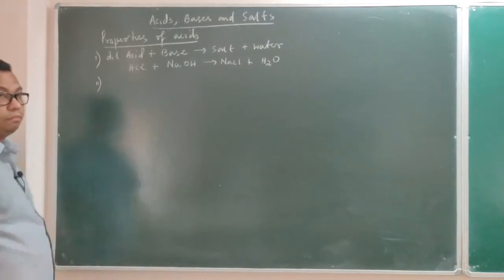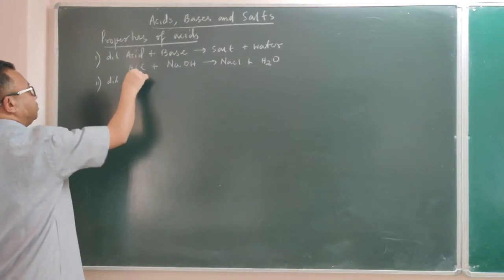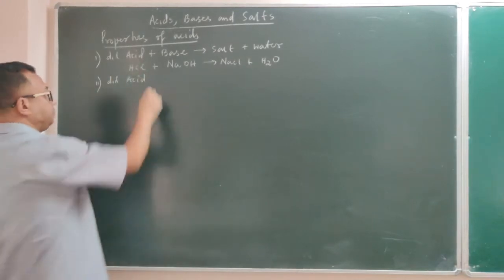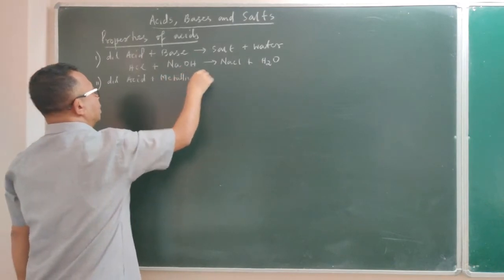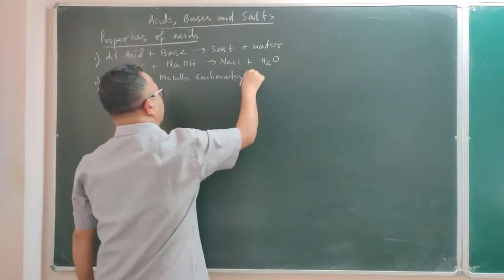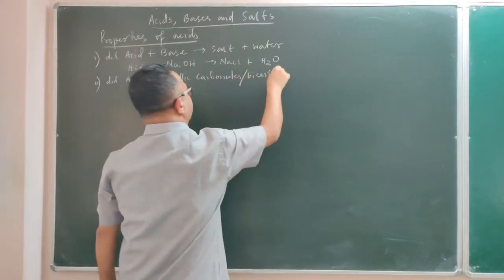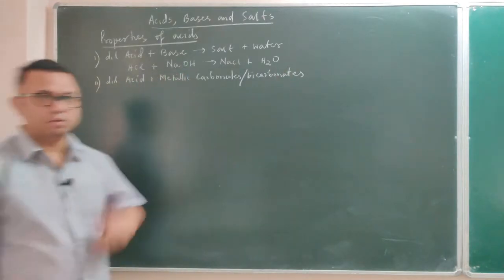Number 2: all dilute acids will react with metallic carbonates and bicarbonates. Whether it is carbonate or bicarbonate, it really doesn't matter, because the reaction will be the same.